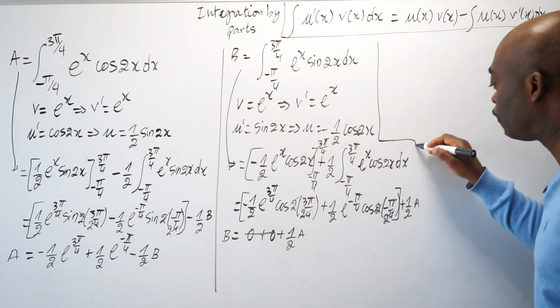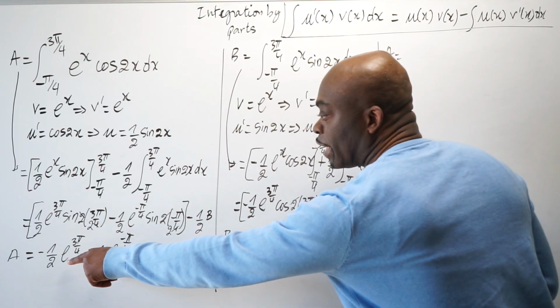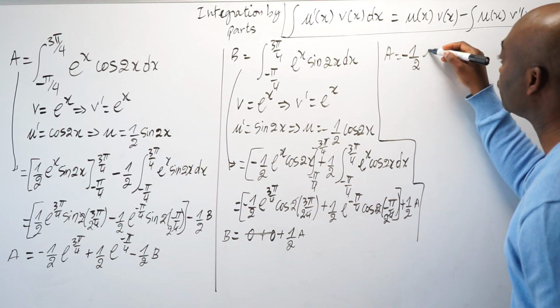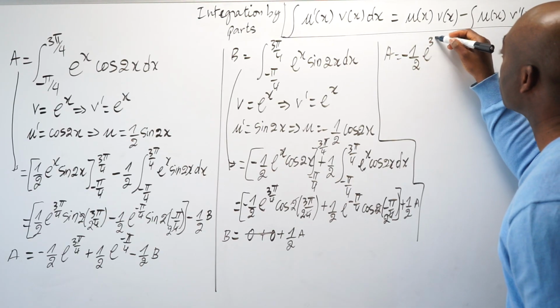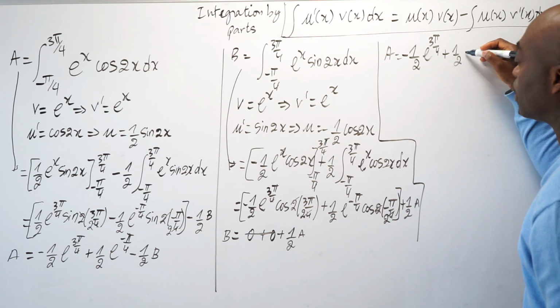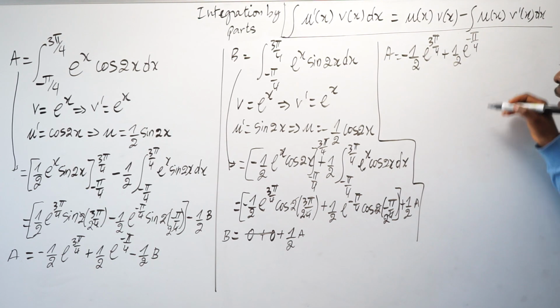So then to finish, because remember, a is what we're solving for, right? So a equals what? A equals this one here, negative 1 over 2 exponential 3 pi over 4, right? Plus 1 over 2 exponential negative pi over 4, okay?